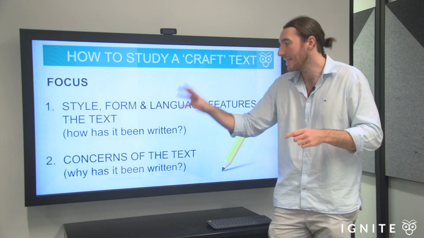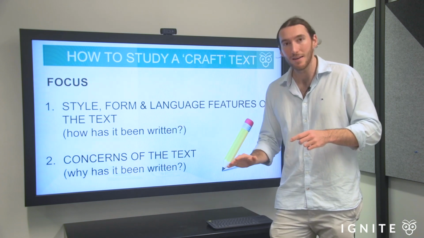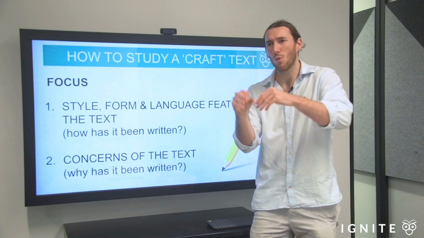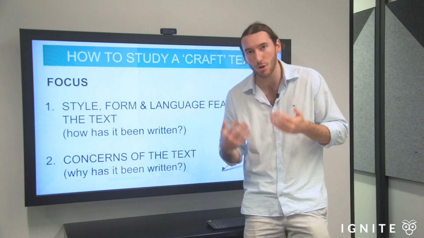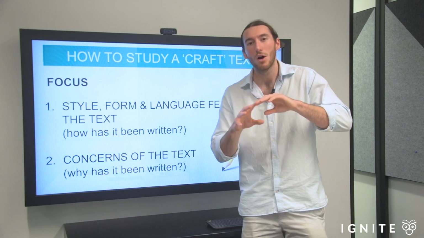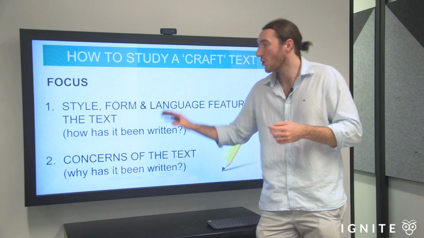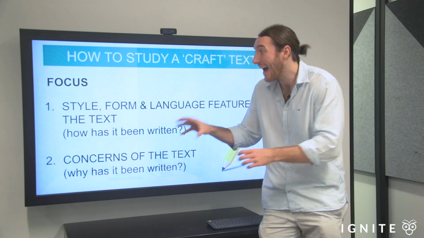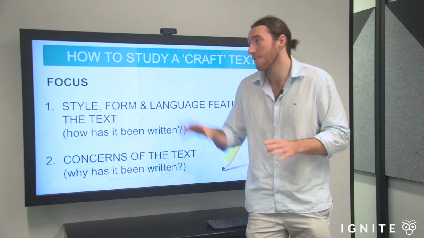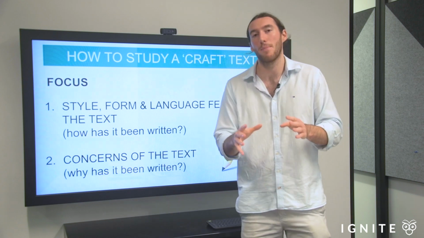What all of this means is, how has it been written? If I look sentence by sentence, what am I noticing about the style of writing? What has the composer done to actually convey these concerns? So you're looking very technically at the choices of the composer for this particular module, and that's the important thing to focus on.